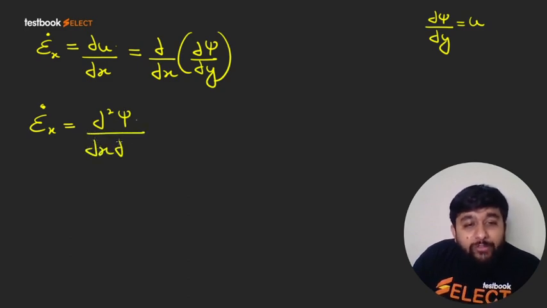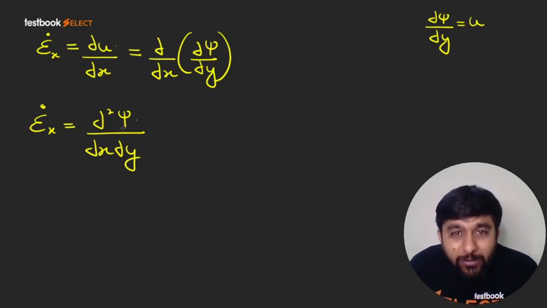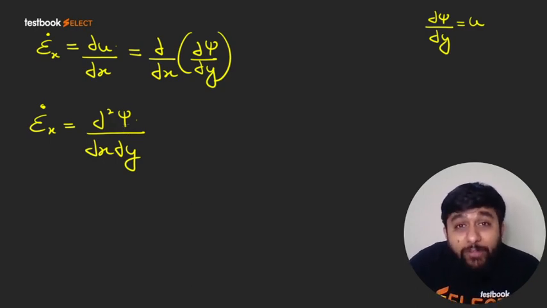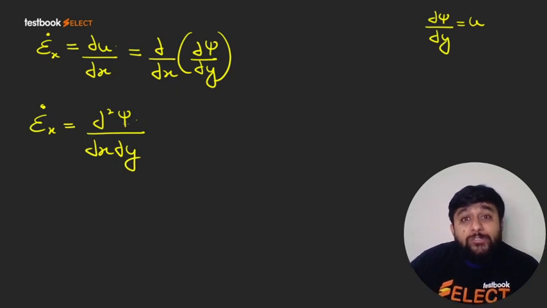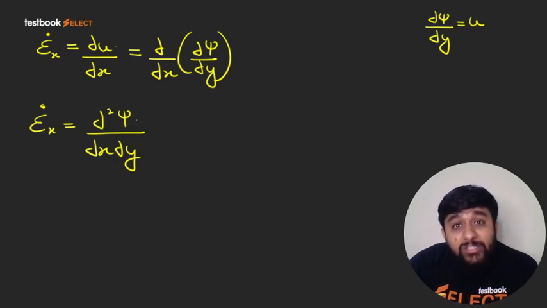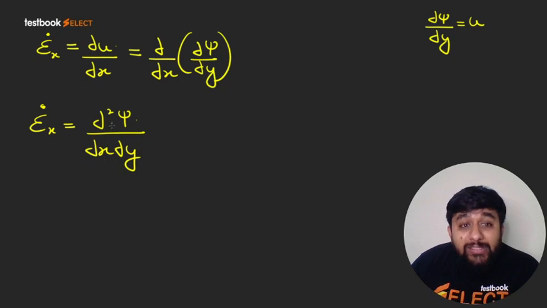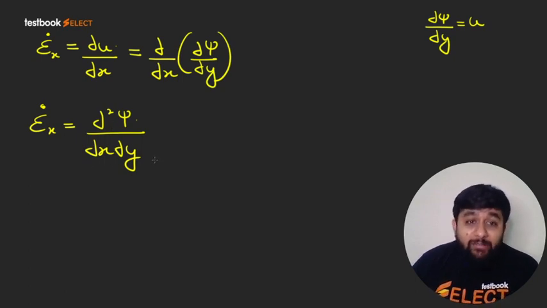Why increase the time of solving the question, even if it is taking 10 or 15 seconds more? I always say that if concepts take time, there is no problem. But if you can save 10-15 seconds by having better concepts, then you should utilize that. So epsilon dot x can always be written as del square psi by del x del y.